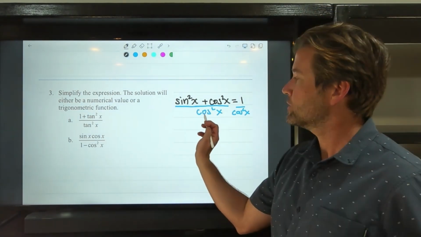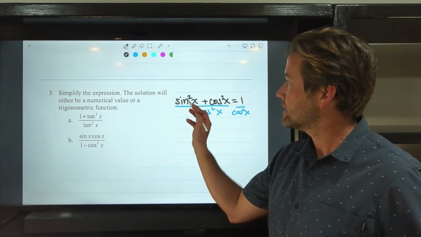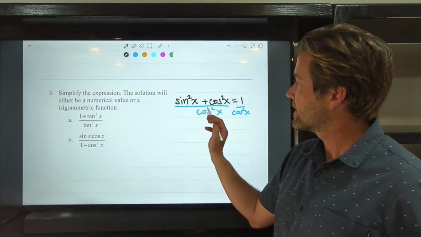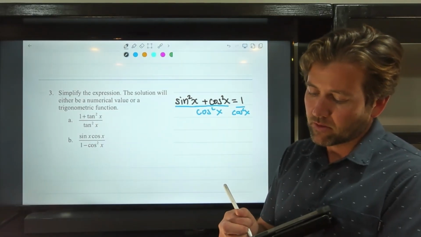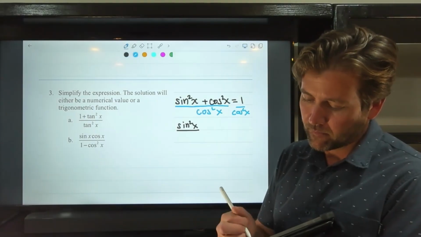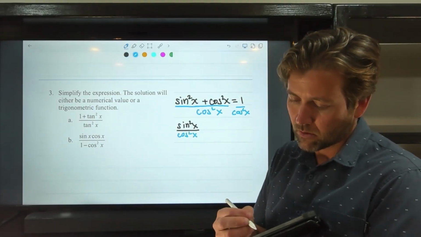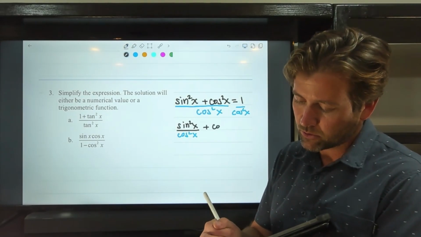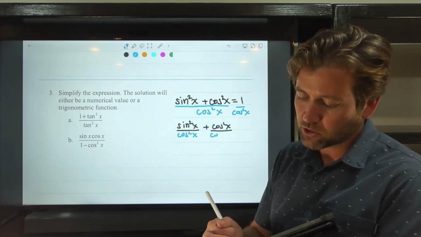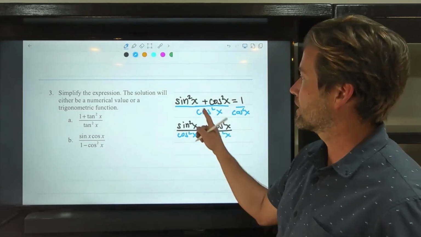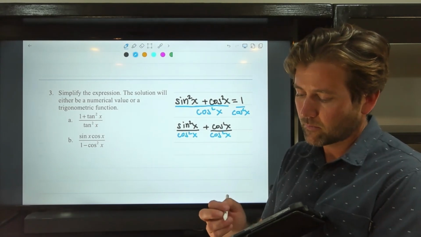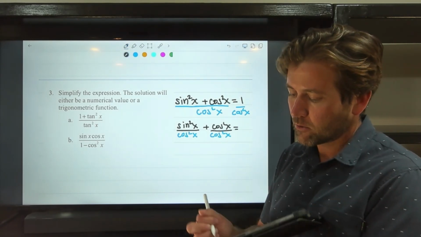I have to distribute this division. I have to divide this into each of these terms. So sine squared x divided by cosine squared x. I'm going to write that right here. Plus cosine squared x divided by cosine squared x. So I'm distributing this cosine squared x, just like multiplication, but I'm dividing into each of these terms, equals 1 over cosine squared x.